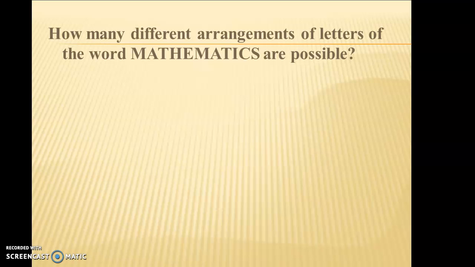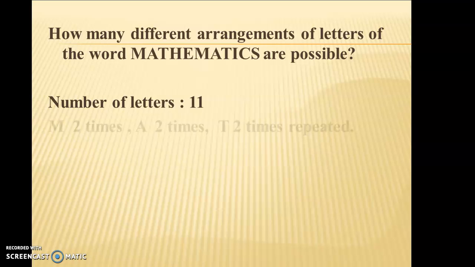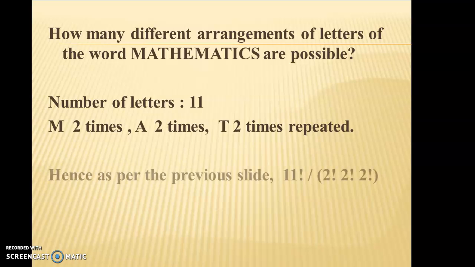So you take a problem. How many different arrangements of the letters of the word MATHEMATICS are possible? How many letters are there in MATHEMATICS? 11 letters. Out of these 11 letters, M is repeated 2 times, A is repeated 2 times, T is also repeated 2 times. So by applying the concept we discussed in the previous slide, you take the formula: factorial of n divided by factorial of P1, P2 and so on, Pk.